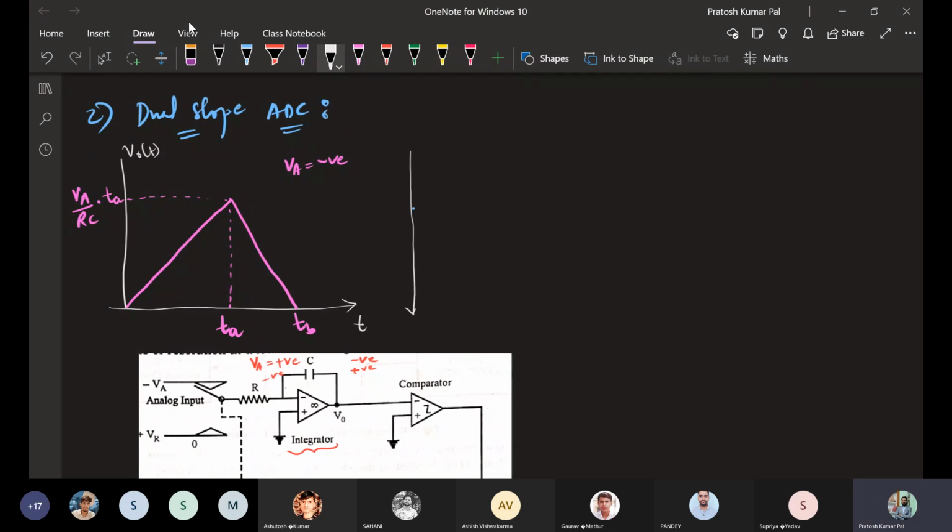So in that case, here this will be the time, and here this will be the output. If Va is positive, then the integrator output will be a negative value.